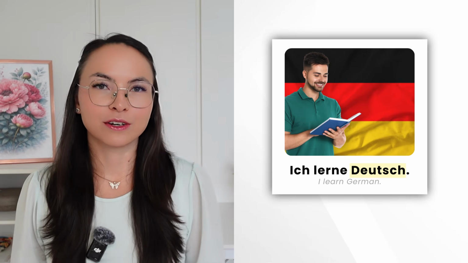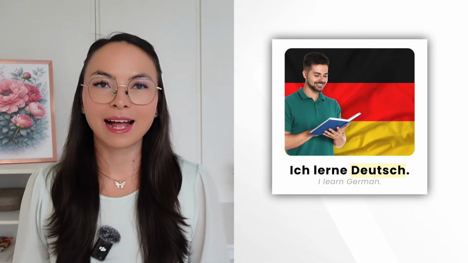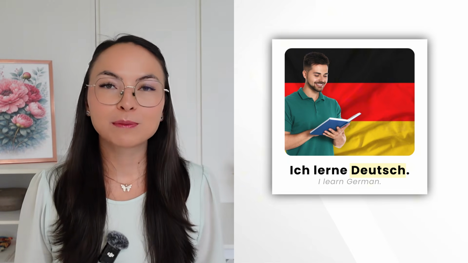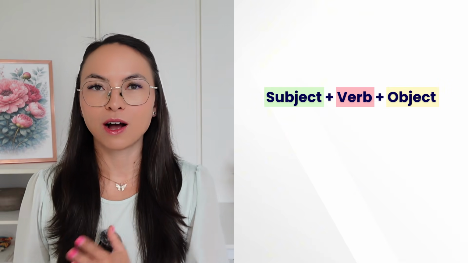Or, for example, ich lerne Deutsch. I learn German. So I have the subject, the verb, and the object. This gives us the most basic and most useful and common sentence pattern. Subject, verb, object. At this stage, the structure is actually very similar to English. You can translate word for word and still get a correct German sentence.